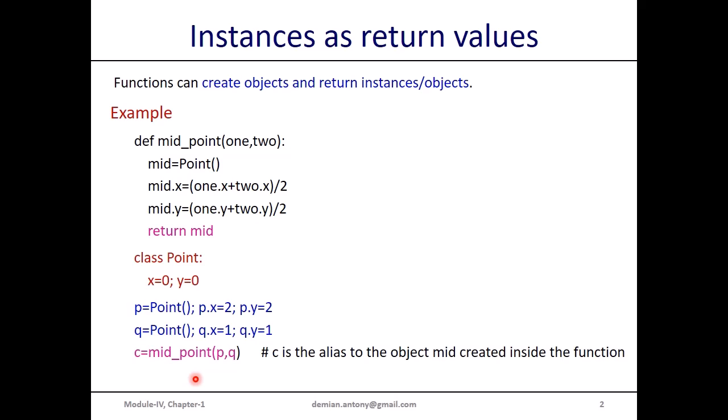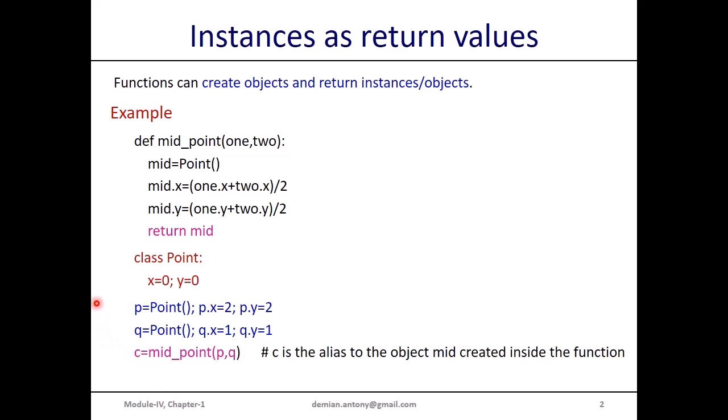Now we call the function midpoint of p and q. This is p with 2 and 2, and this is q with 1 and 1. That state is being passed to midpoint, which takes these 2 objects, creates a new object with new values and returns it.